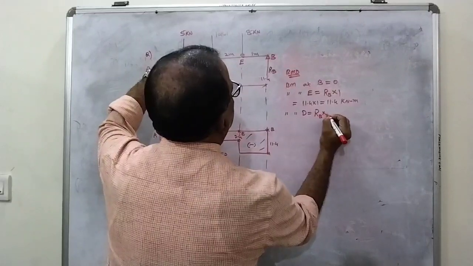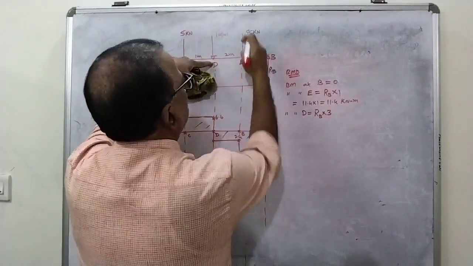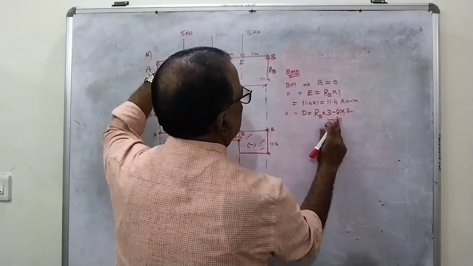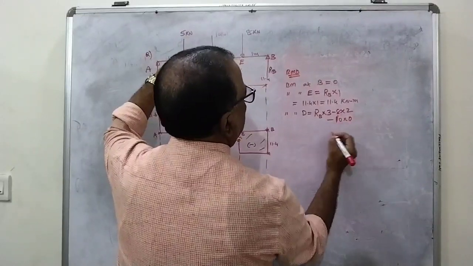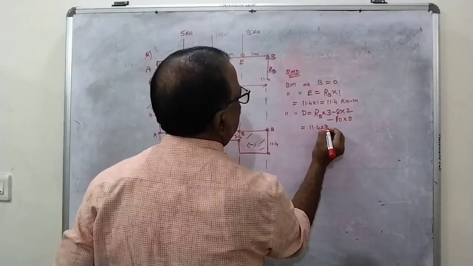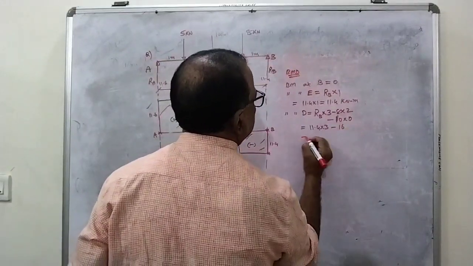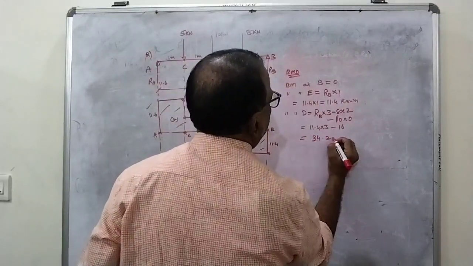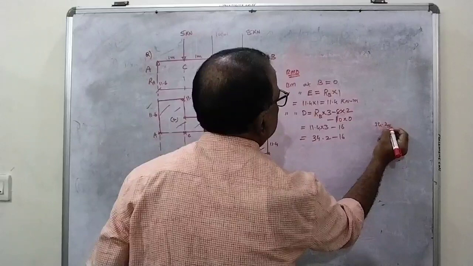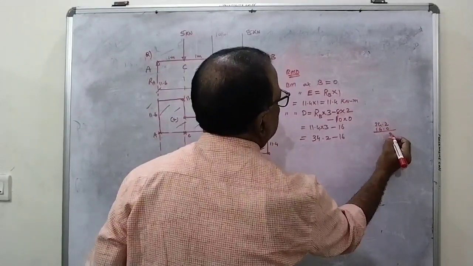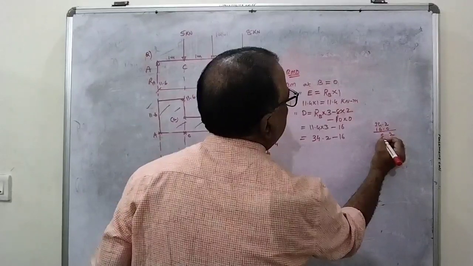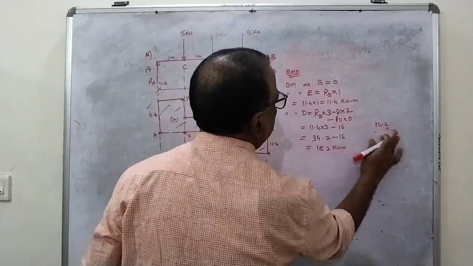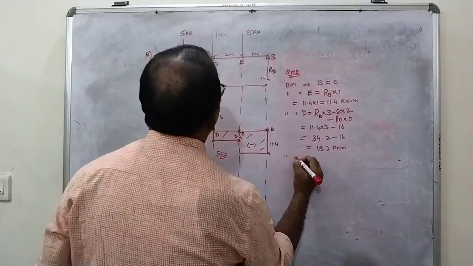RB into 3 minus 8 into 2 minus 10 into 0. This is equal to 11.4 into 3 minus 16. 34.2 minus 16. 18.2 kilonewton meter. Next, bending moment at C.